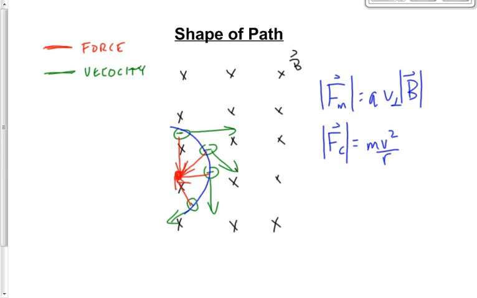In the case of the Earth going around the sun, it's caused by gravity. In the case of the electron going around the nucleus, it's caused by an electric force. In the case of an electron going in this magnetic field, it's caused by a magnetic force. If the magnetic force causes the centripetal force, then there's no reason why we can't set those two equal to each other. Fc equals Fm.